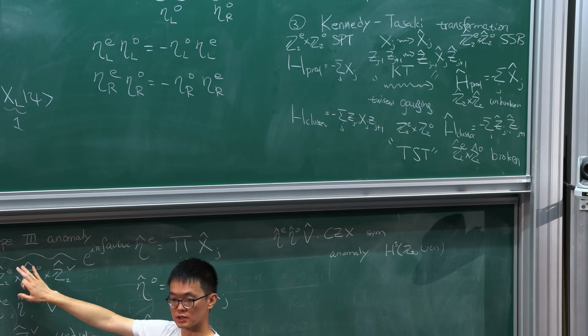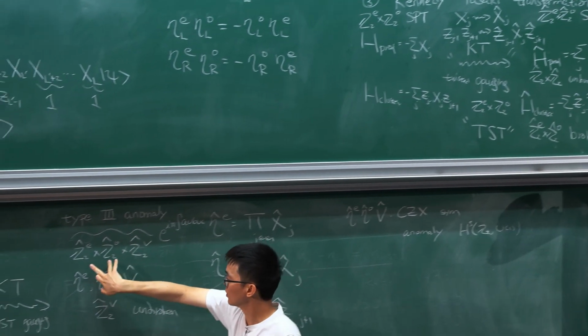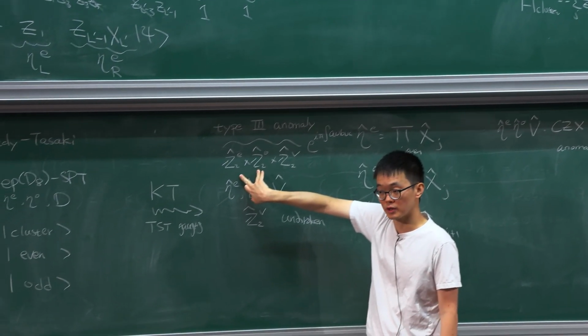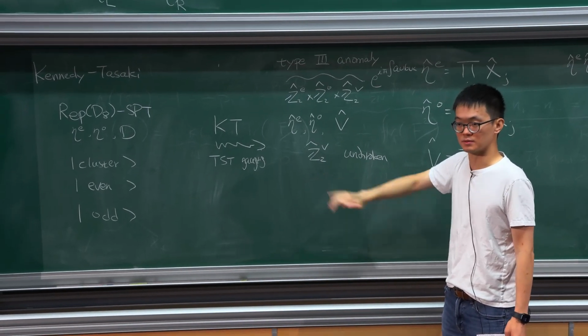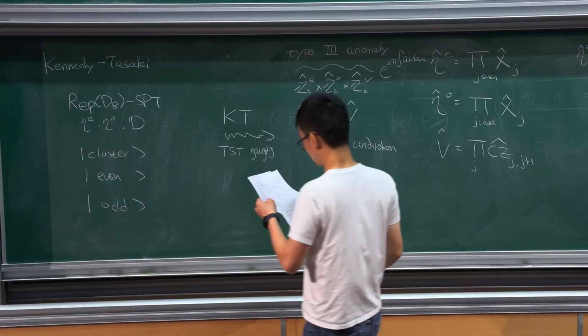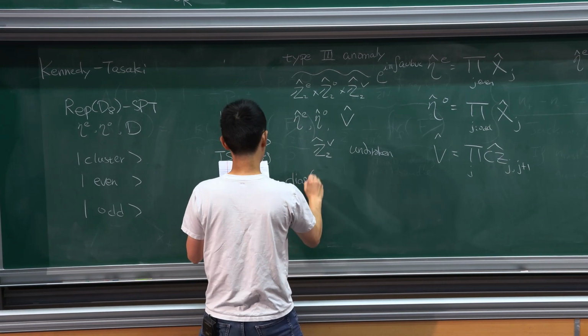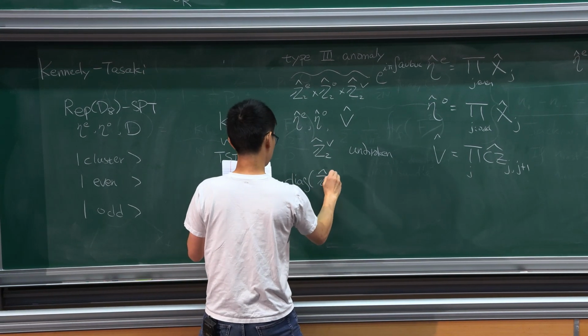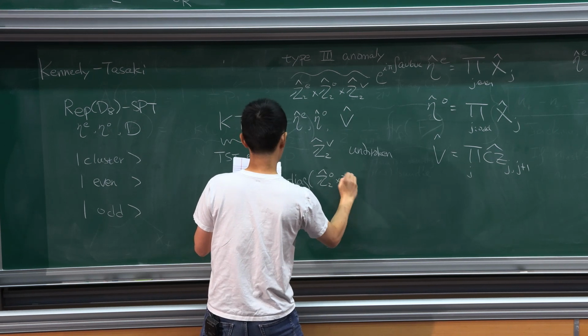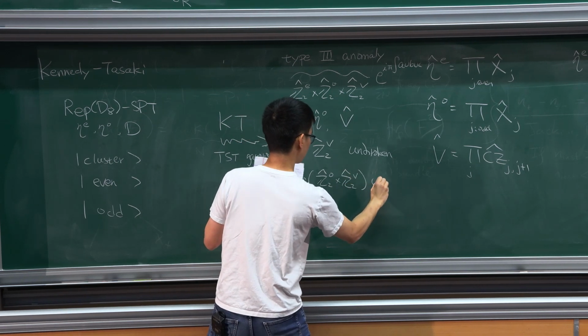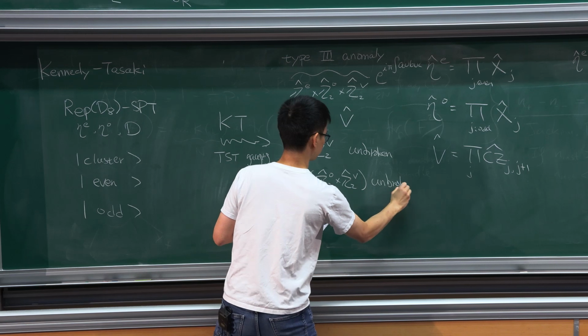If you have a Z2 cross Z2 cross Z2, and you know these two are completely broken, this is not the only option. You can also have this being the unbroken subgroup.